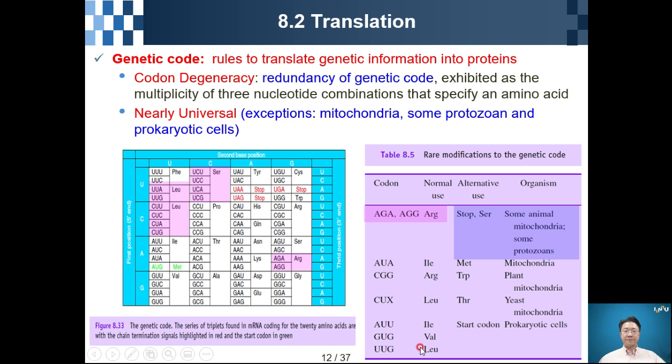Once again, the other characteristics of the genetic code are codon degeneracy and that the genetic code is nearly universal. However, there are some exceptions, for example in some mitochondria, some protozoa and some prokaryotic cells.